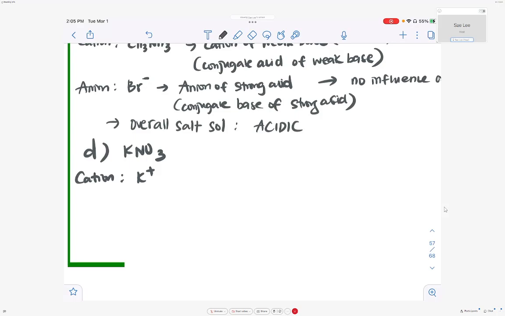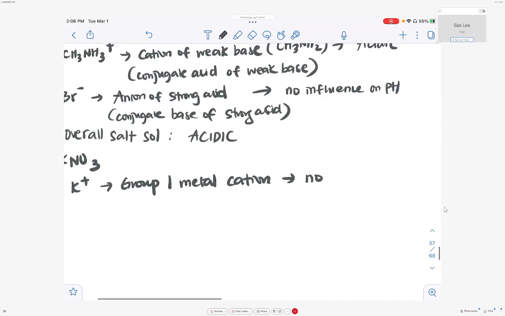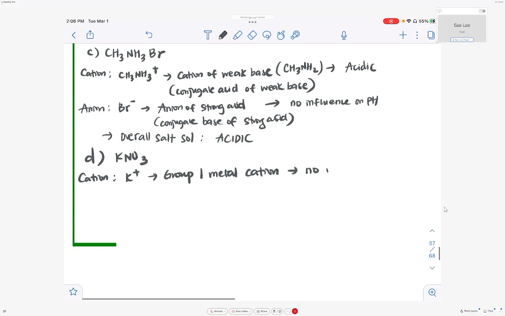Potassium is a group 1 metal cation. Group 1 metal cation will have no influence on pH. For the anion, you have nitrate.